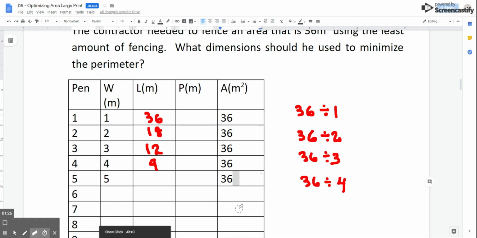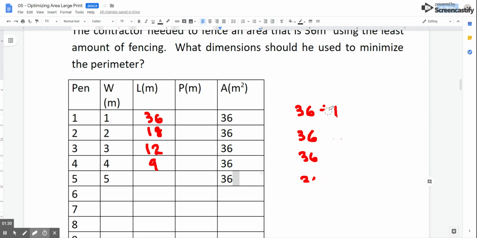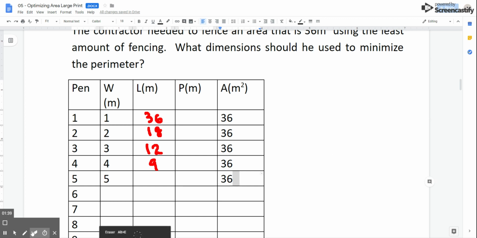Now, as I said, that part's my rough work. I just wrote it on the sheet to show you how we end up getting the numbers. And usually I would just do this on my calculator and write in the numbers.